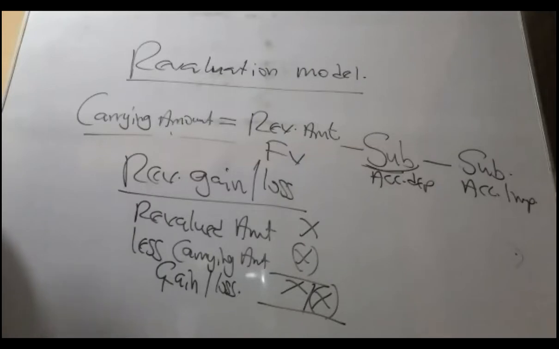So how do you treat the revaluation gain or loss? Now we know how to calculate it. We're using the APUSCA example from last week. How do you treat the revaluation differences, and how do you treat any asset depreciation that may arise?